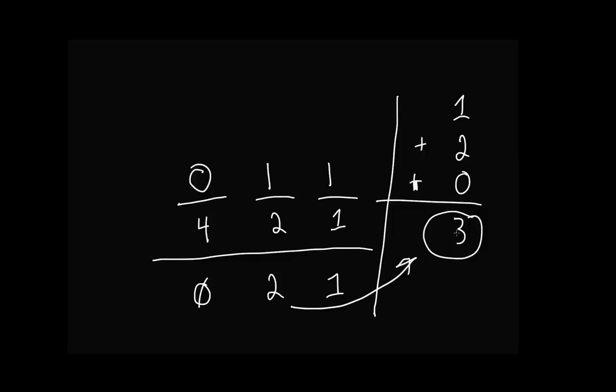So now let's look at some more bits. And this is going to give us the possibility of much higher numbers. So a standard byte is 8 bits. So let's make some space for that. Let's say 1, 2, 3, 4, 5, 6, 7, 8. All right.